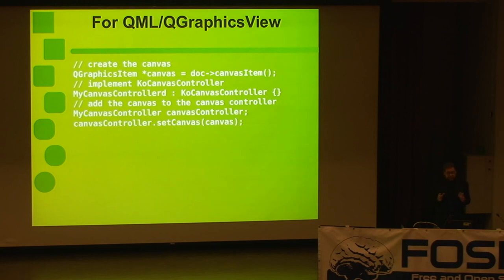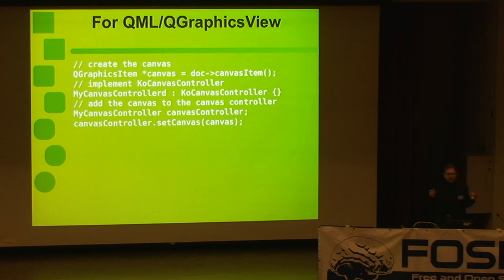QML, QGraphicsView, is a bit more complicated. You get your canvas item from the document, same as you would get a view. And then you have to, oh, that's a typo. You have to implement the KoCanvasController class. The KoCanvasController class is quite big. It's a huge interface. It's relatively new, so it's not entirely well documented yet.